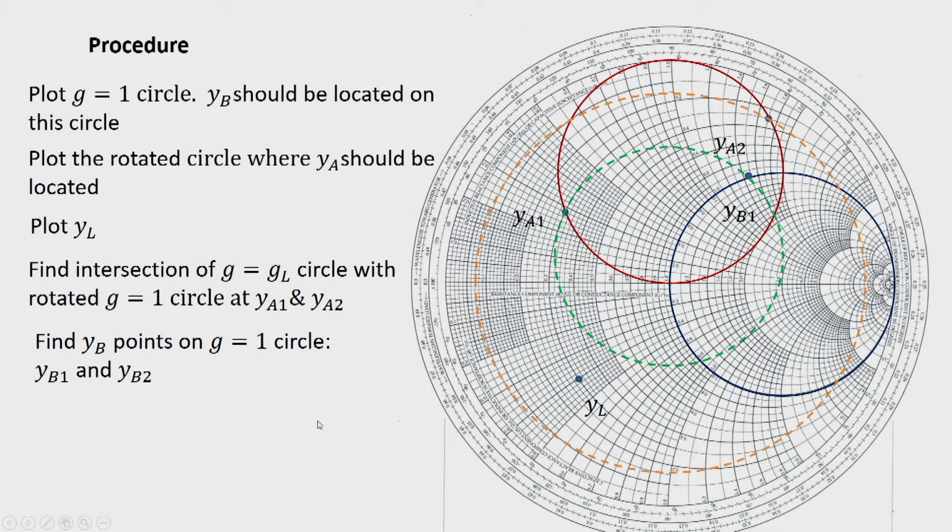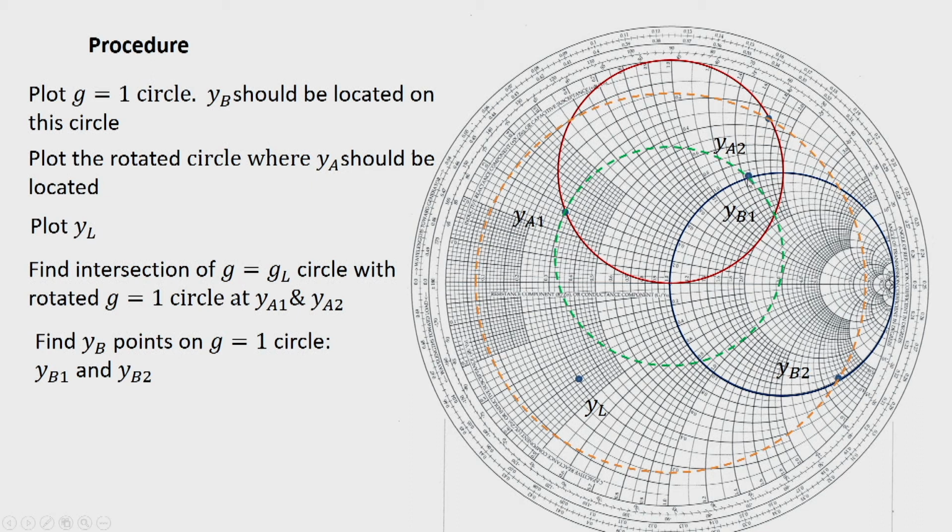Similarly, this point will be transformed to this point, which is shown as y_B2. Now, we have all the 4 points located.